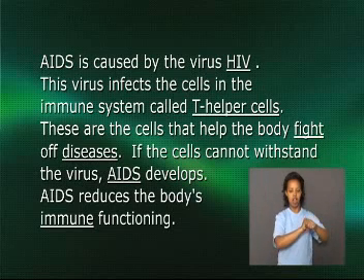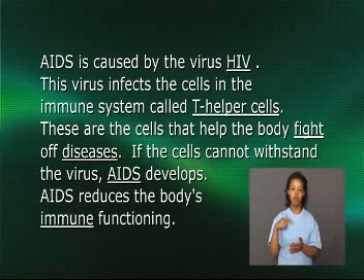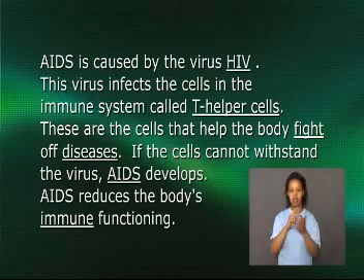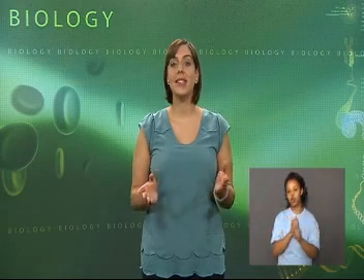If the cells cannot withstand the virus, AIDS develops. AIDS reduces the body's immune functioning. Did you write down the same answers? If so, great work. Let us continue on with the lesson.